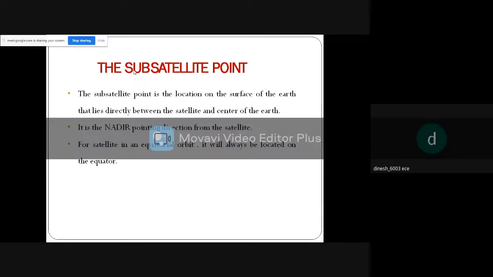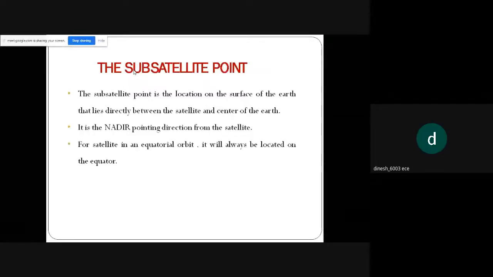That is where we are going to measure from. The location on the surface of the Earth could be at different points apart from 0 degree latitude and 0 degree longitude.